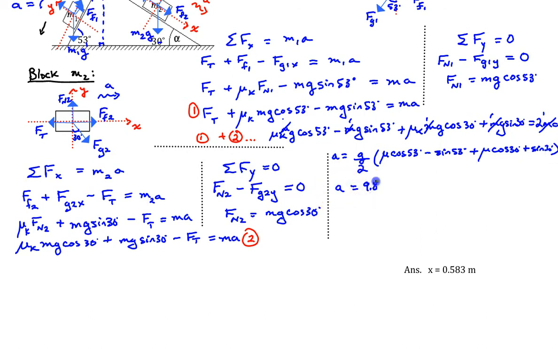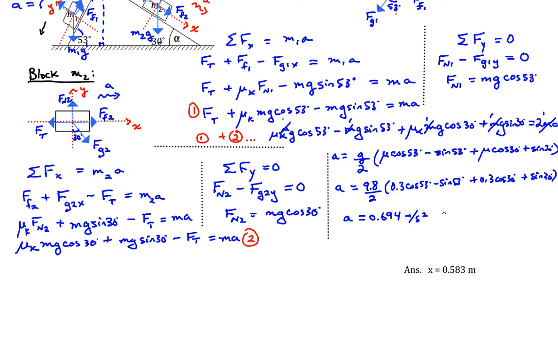We have 9.8 divided by 2, and then mu is 0.3 times cosine 53 minus sine 53 plus 0.3 cosine 30 plus sine 30. There's a lot in this expression, so it's easy to make mistakes. And you should get an acceleration of 0.694 meters per second squared.